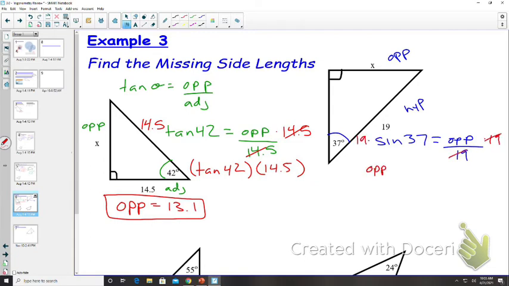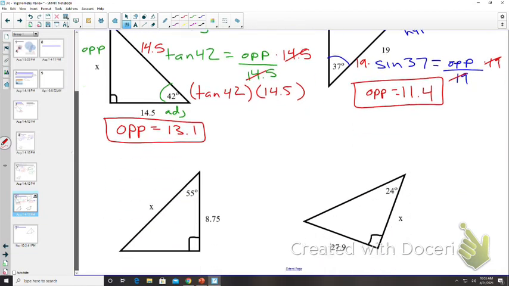I got 11.4. Technically you should give 11, because we're given 2 digits, so 2 digits would be the correct one.